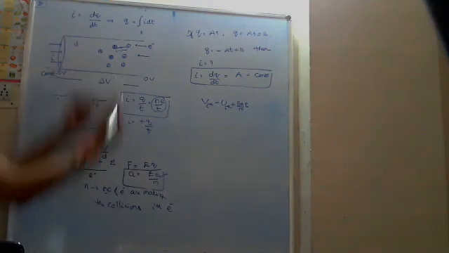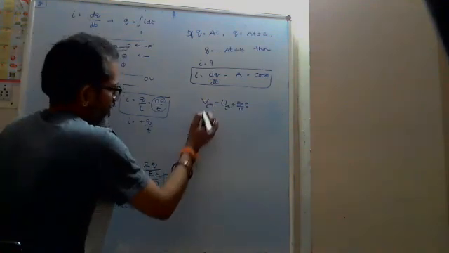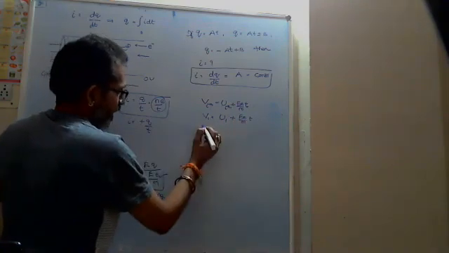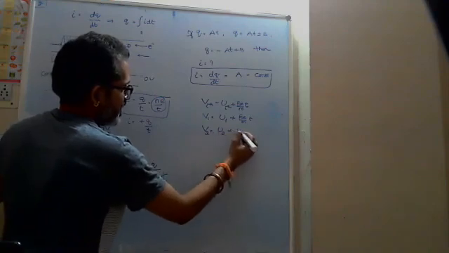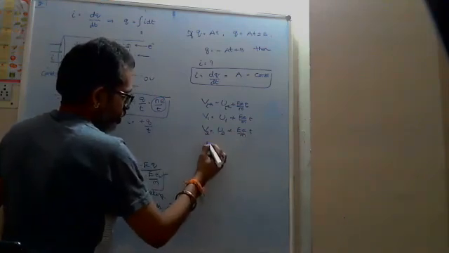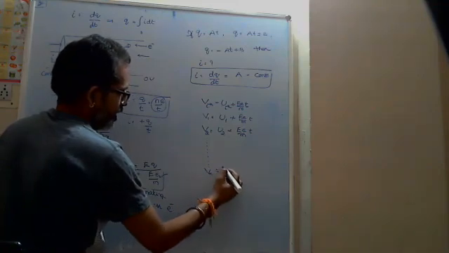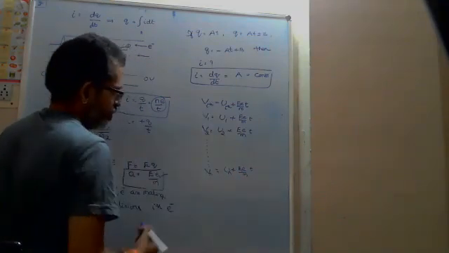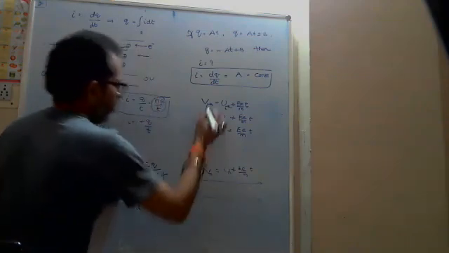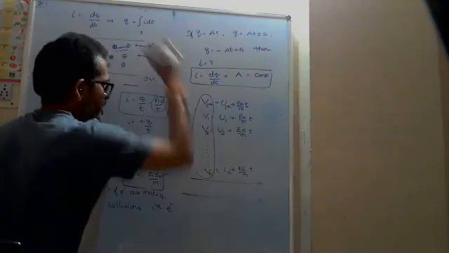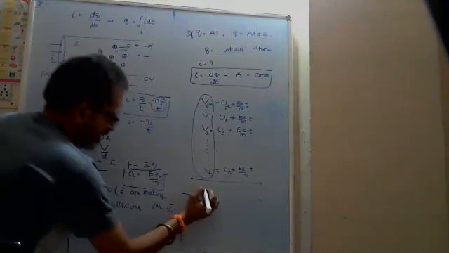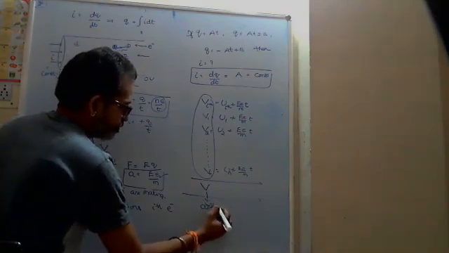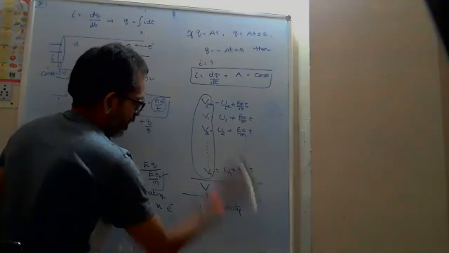For the first particle V1 equals U1 plus eE by m into t; second particle V2 equals U2 plus eE by m into t in the same time; third, fourth particle, and so on, nth particle Un plus eE by m into t. Then the average of those final velocities of n particles, V average, is called the drift velocity.